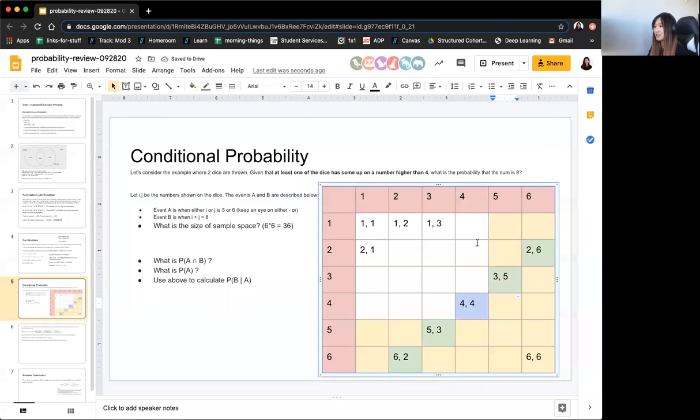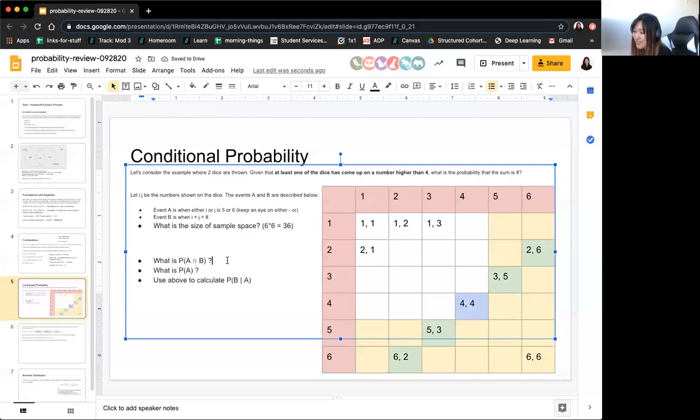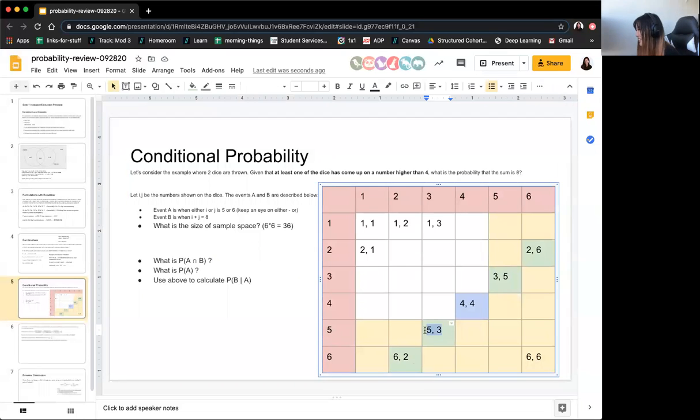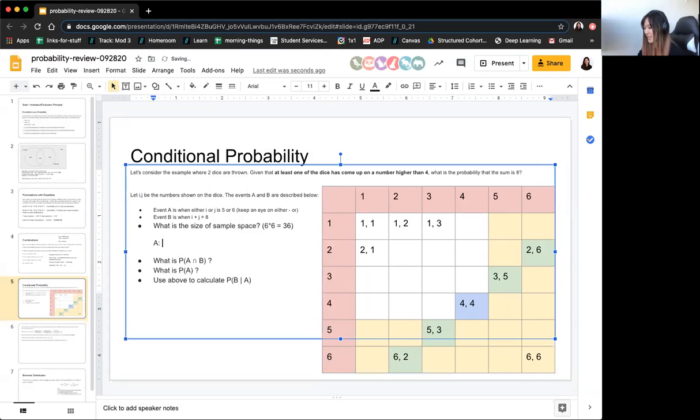All right, so here, what is the probability of A intersect B? A intersect B is just going to be the overlap of the blue and the yellow. Because the overlap of the blue and the yellow makes green, it's just the green ones. Let me write more clearly: A is yellow, B is blue, and then A and B will be green.